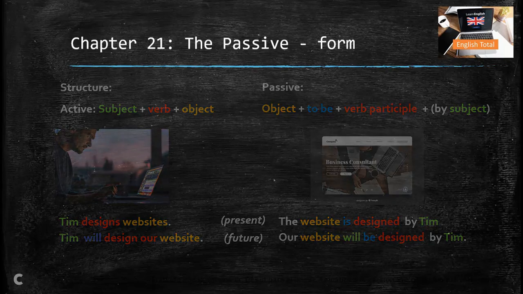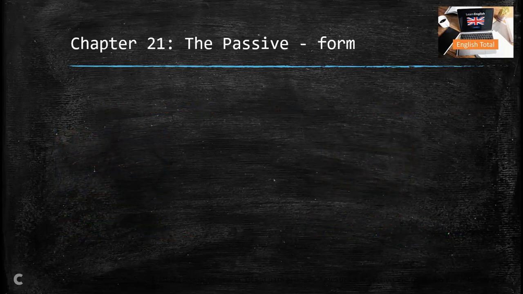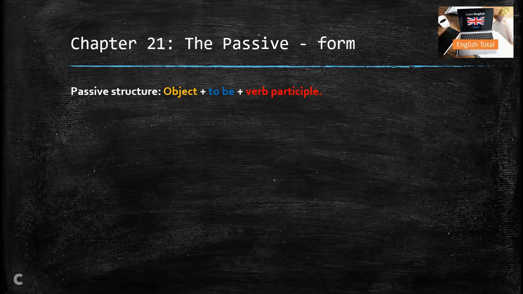Let's take a more detailed look at how passive sentences can be formed. Again, this is the structure for the passive, as we said in the previous section. It's basically the object followed by the verb to be, and finally the main verb in participle form. Look at these examples.